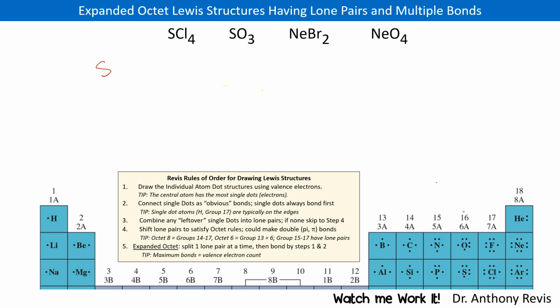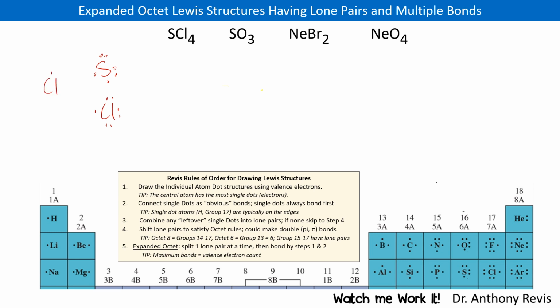We'll start with sulfur. It's located in group 16 or 6A, therefore we'll have 6 valence electrons. We would draw these using a circular motion around, assuming 4 sides, and this is what our initial structure for sulfur will look like. We would now draw chlorine using a similar process with 7. We go around, and that's our initial structure.